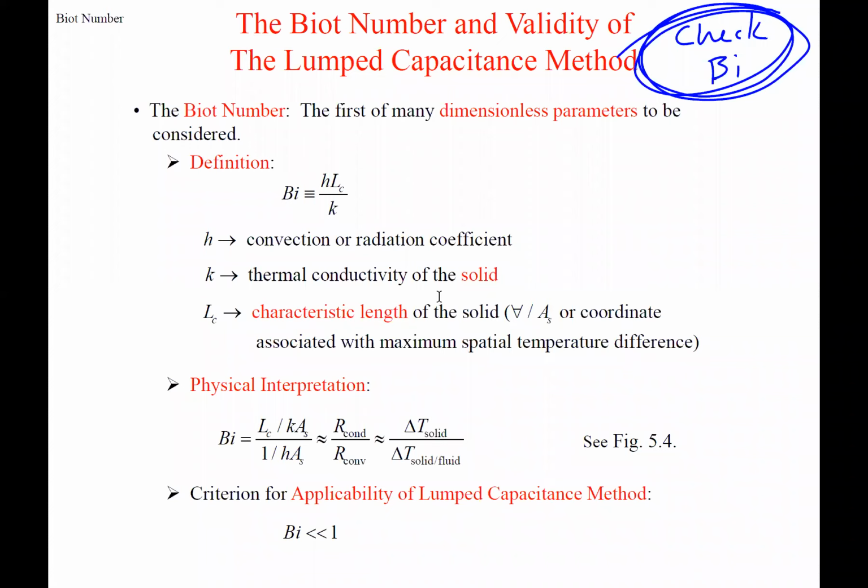They're a ratio of two things, something in the numerator versus the denominator, and when a parameter is low or high, you're able to tell something. With the Reynolds number, you have laminar versus turbulent. It tells you a ratio of what's going on inside that dictates the flow. The Biot number tells us whether we can use the lump capacitance method. First, the definition: it has convection, characteristic length, over thermal conductivity.